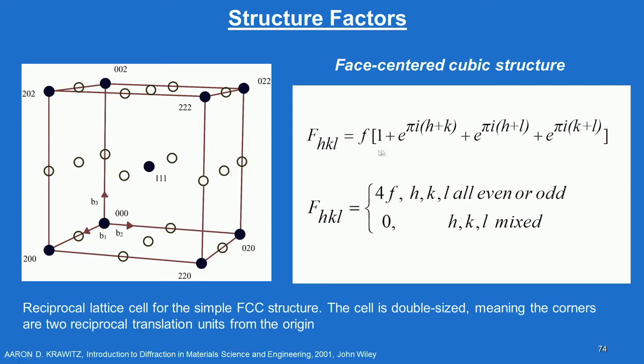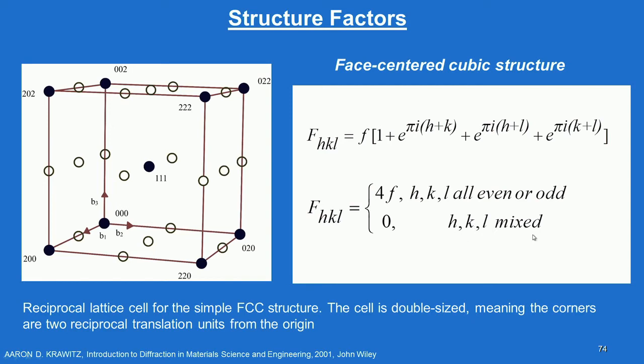So, you get the 4 terms here. So, 1 plus e to the power pi i (h plus k) plus e to the power pi i (h plus l) plus e to the power pi i (k plus l). So, the rule is F(hkl) is equal to 4f, where h k l are all even or all odd, and the structure factor will become 0 when h k l are mixed.